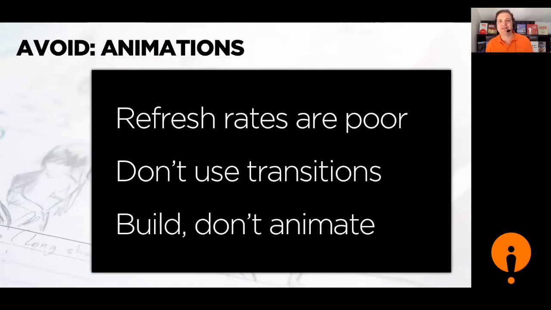Also, don't use transitions, the kind of transition which moves from one slide to the other with, for example, a dissolve. It can look nice, but sometimes because of the refresh rate, it gets stuck. And so people see half of one slide and half of another for a second or two. It doesn't look great. You can use builds. A build is where you have different elements on the screen which arrive one at a time when you click.